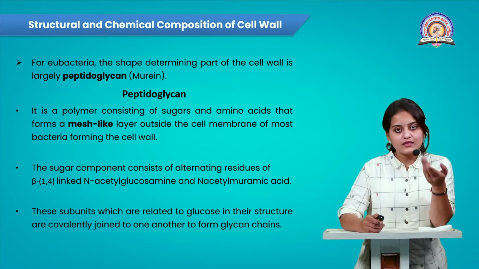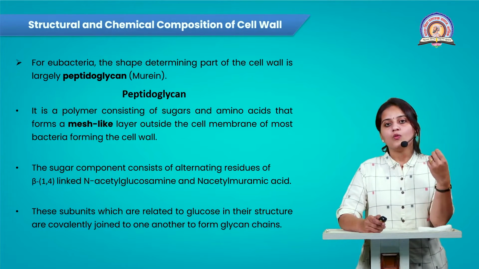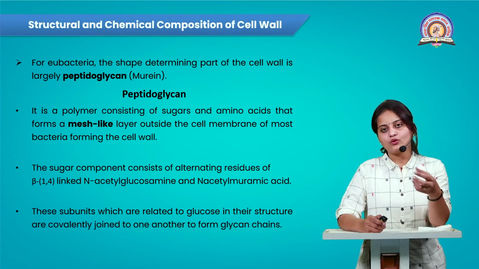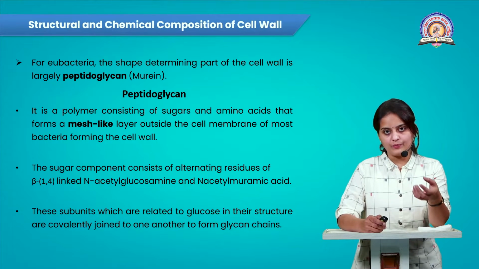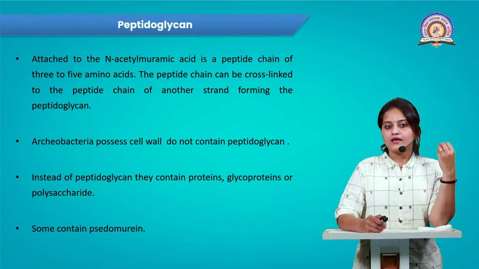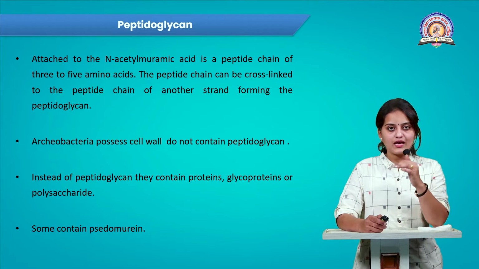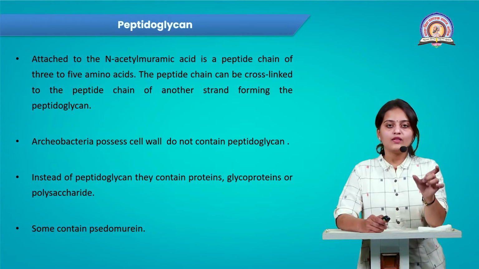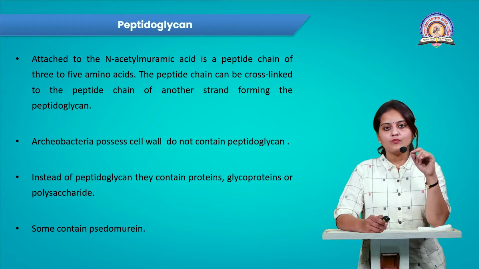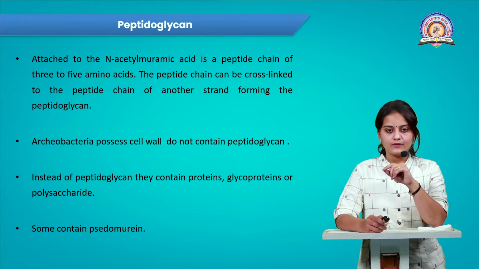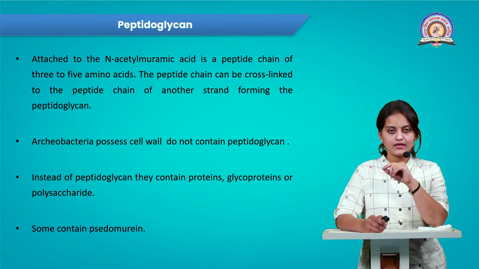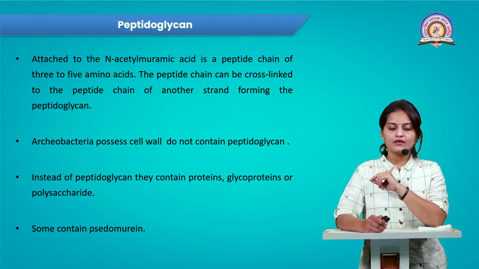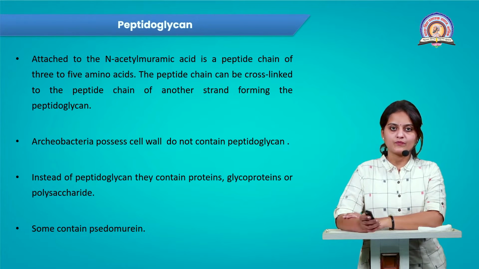These subunits are nothing but the monomers or molecules of glycans as well as peptide. The N-acetyl muramic acid is associated with the N-acetyl glucosamine with the peptide bond, and the bond we will discuss over here. Through this diagram, we can understand the structure.